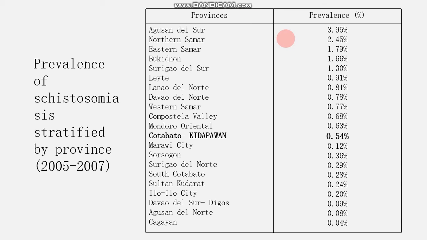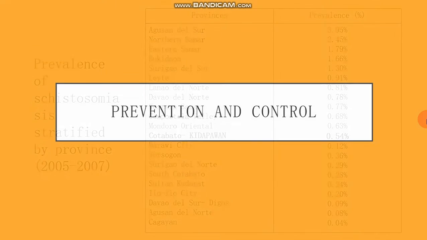Agusan del Sur has the highest prevalence, 3.95% during 2005 to 2007, and Cagayan de Oro has the lowest prevalence, 0.04%. In Cotabato, Kidapawan, we have 0.54% prevalence of schistosomiasis.